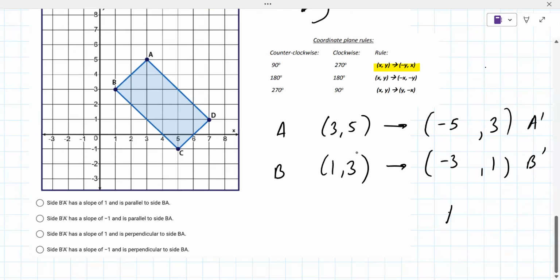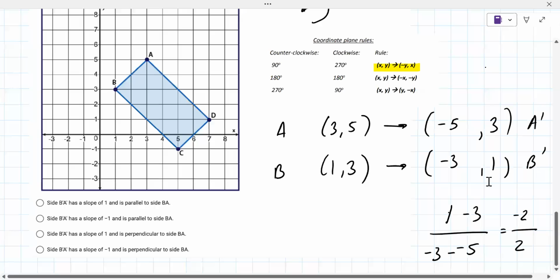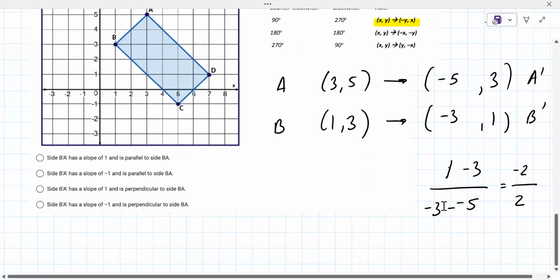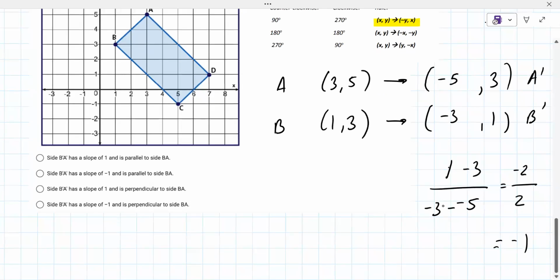So the slope is 1 minus 3 over minus 3 minus minus 5, which is -2 over +2. Double check that. That does become -1.